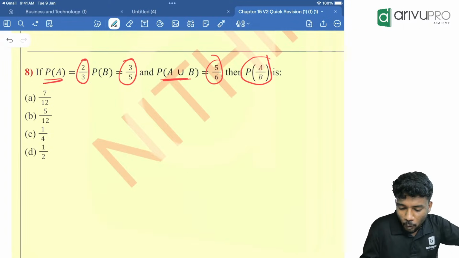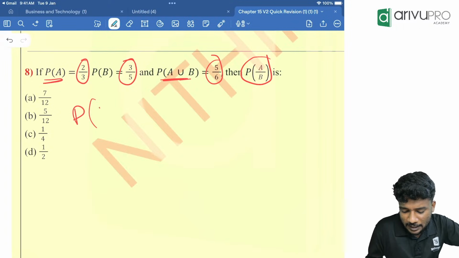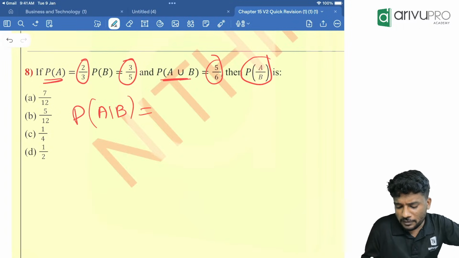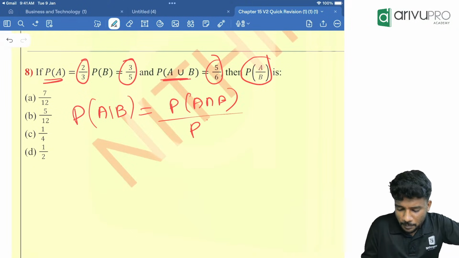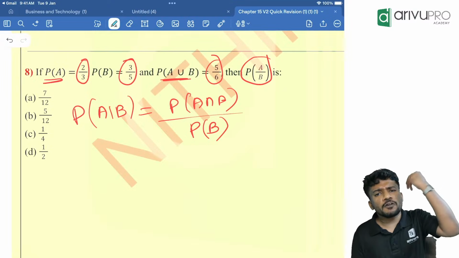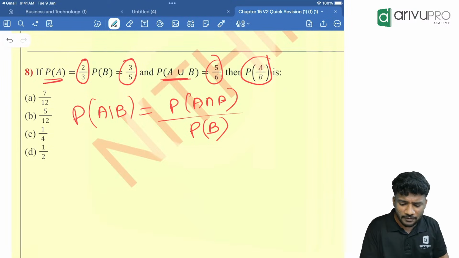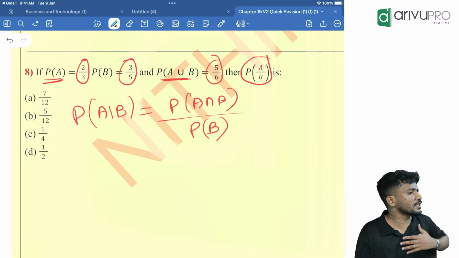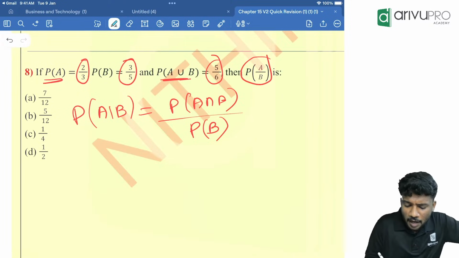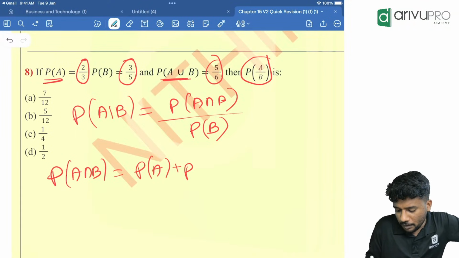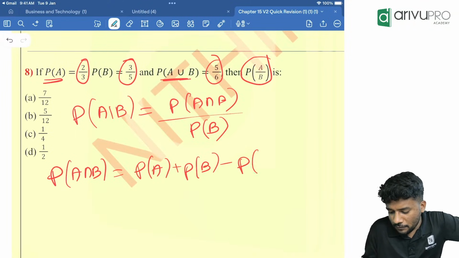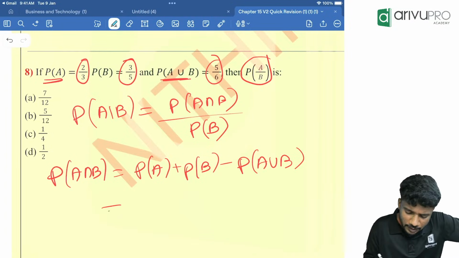Now people, what is the formula for that? For finding P of A given B, we need to apply the formula P of A intersection B divided by P of B. First of all, what is A intersection B? Do you have the value? We will find it using our calculator. P of A intersection B is nothing but P of A plus P of B minus P of A union B. Take your calculator, people.